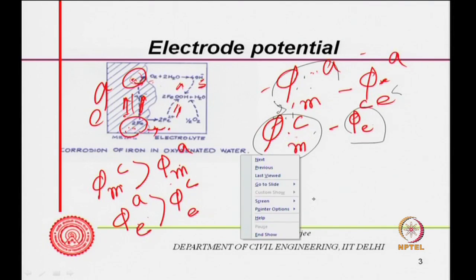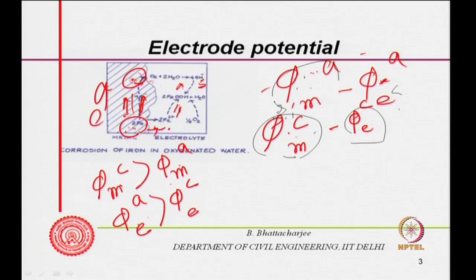In other words, phi m c minus phi E c will be greater than phi m a minus phi E a. The difference in potential at the anode between the metal and the electrolyte will be less than that at the cathode.